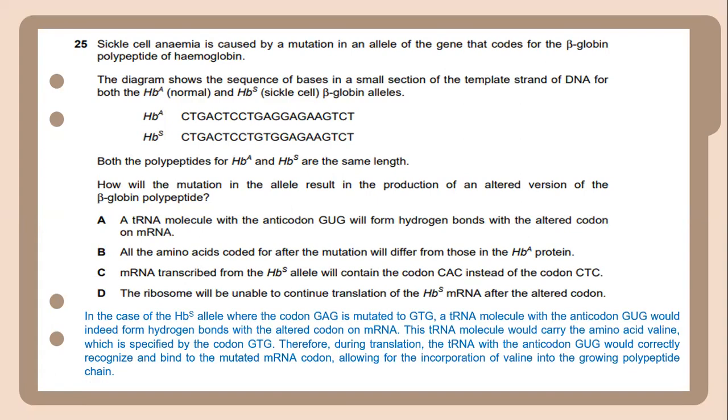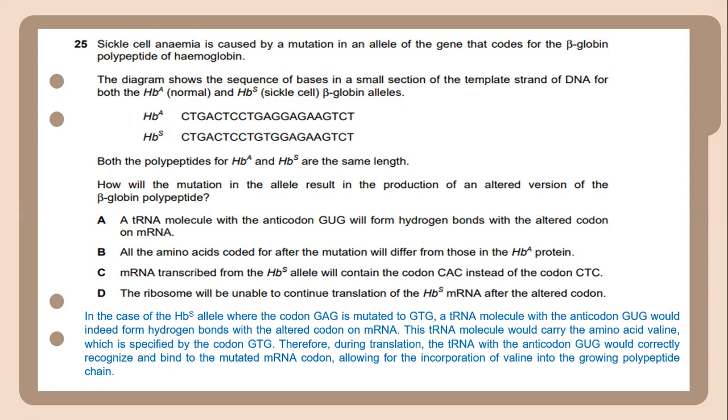In the case of the HbS allele where the codon GAG is mutated to GTG, a tRNA molecule with the anticodon GUG would form hydrogen bonds with the altered codon of mRNA. This tRNA molecule would carry the amino acid valine, which is specified by the codon GTG.